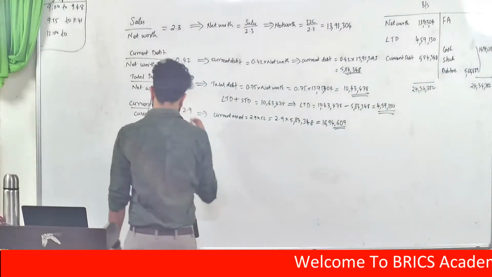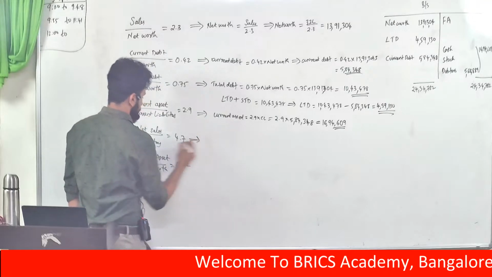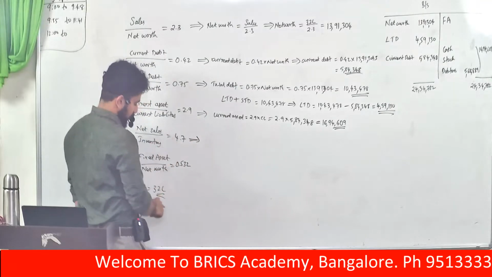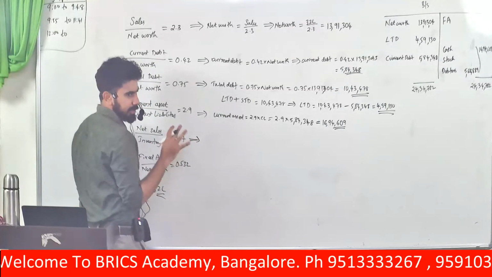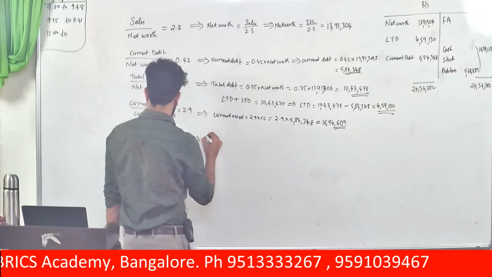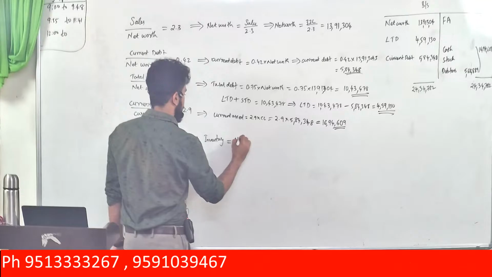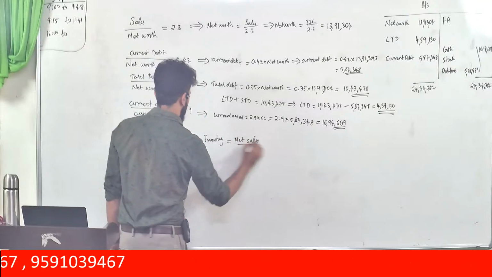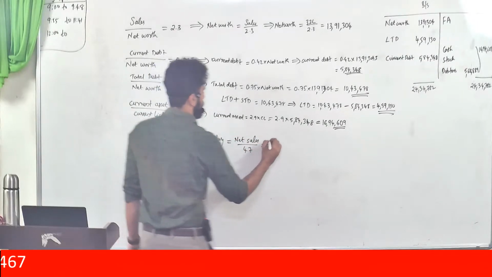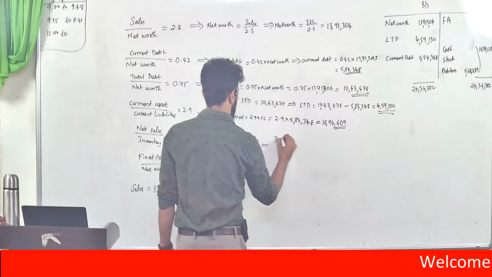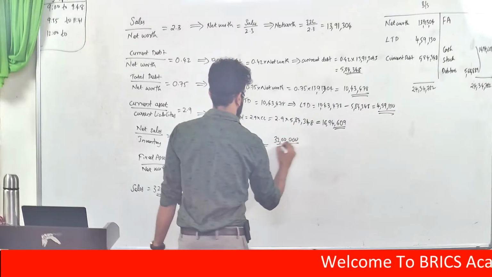Then net sales to inventory. From here, can we find out inventory? We already have sales. Net sales means sales, nothing new. So from here, guys, inventory is equal to net sales divided by 4.7. From here, net sales, how much? 32 lakh divided by 4.7.